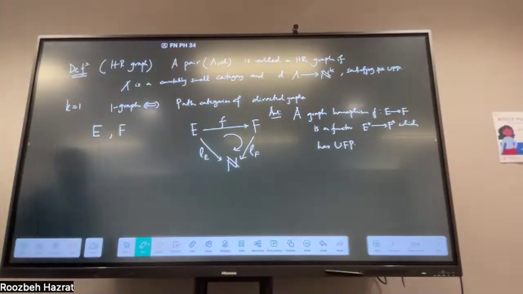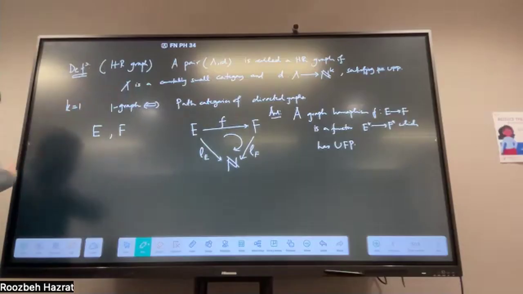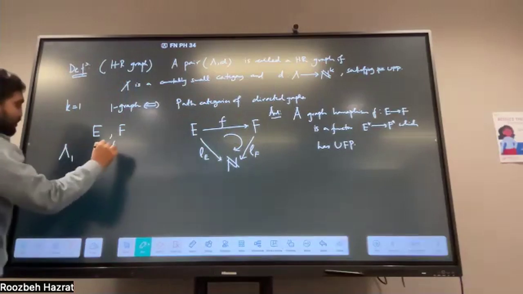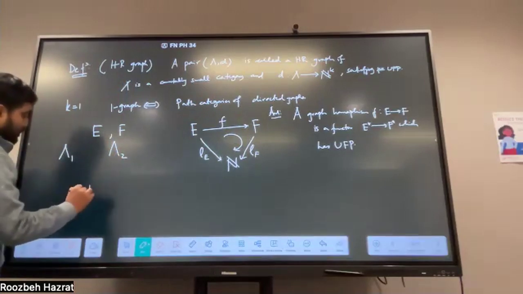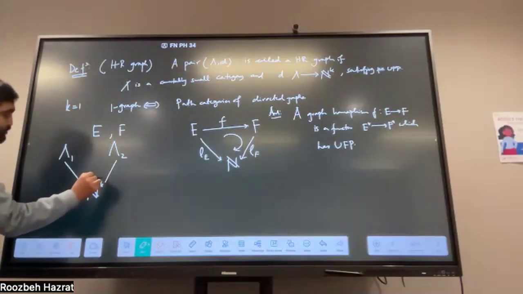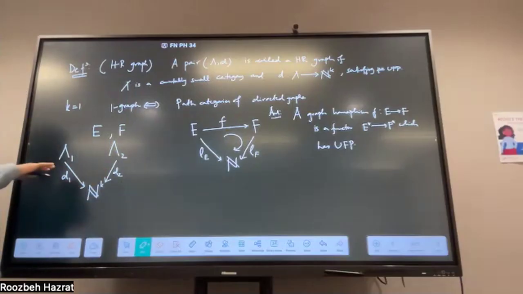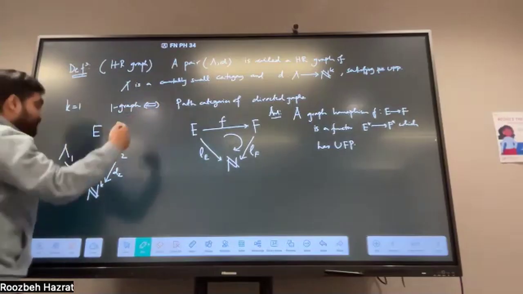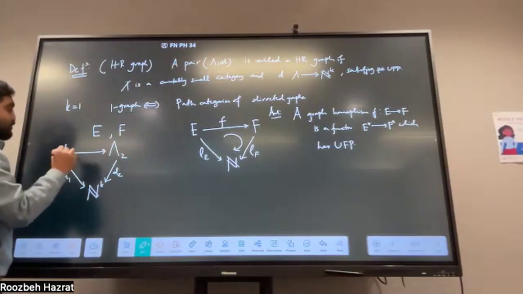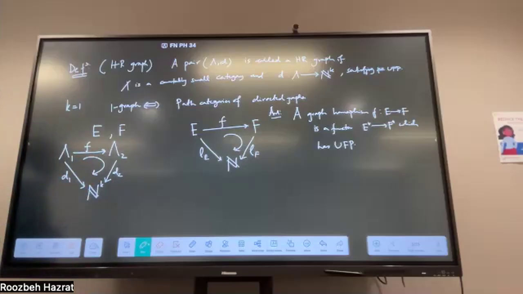Okay. So from here, you can also talk about morphisms between higher rank graphs or higher dimensional graphs. What will they be? If you have two higher rank graphs, lambda 1 and lambda 2, you know that higher rank graphs come with these functors d, which we formally call the degree functor, replacing the length functor in higher dimensions. Then a functor F which makes this diagram commute will be termed a morphism between these higher rank graphs.